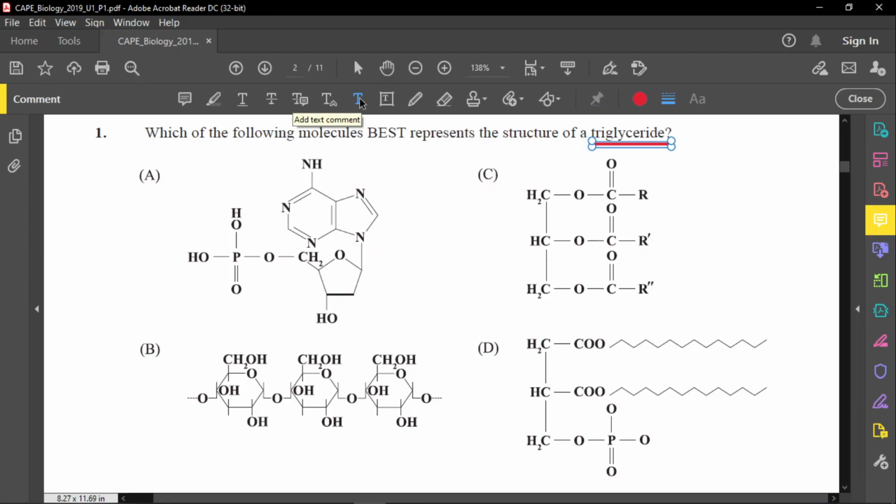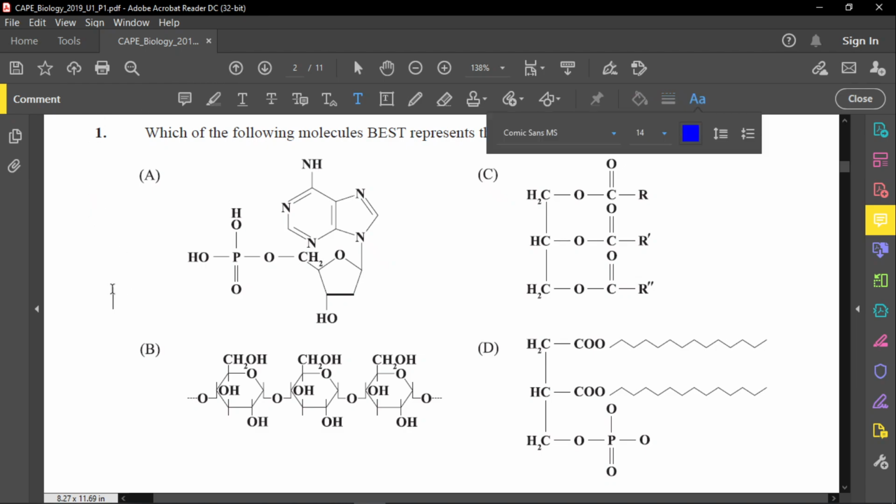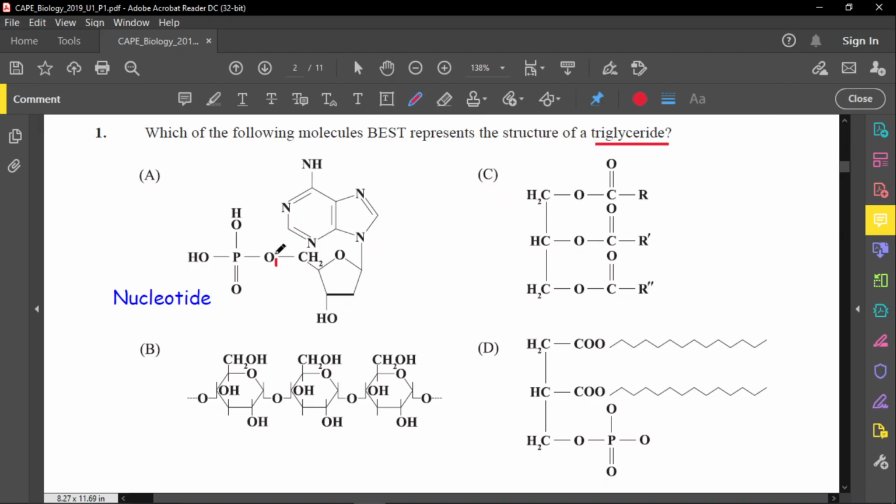And so in option A, this structure is a nucleotide, and I want to specify why this is a nucleotide. It's a nucleotide because it contains a phosphate group, which I'm circling right now.